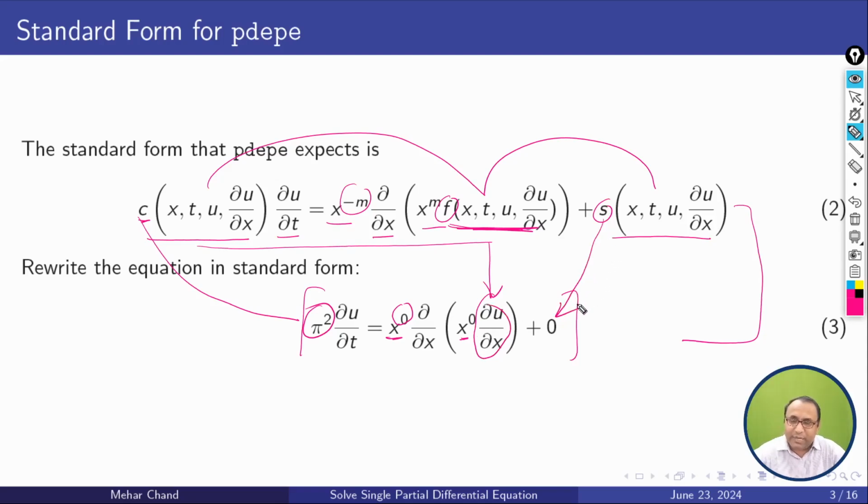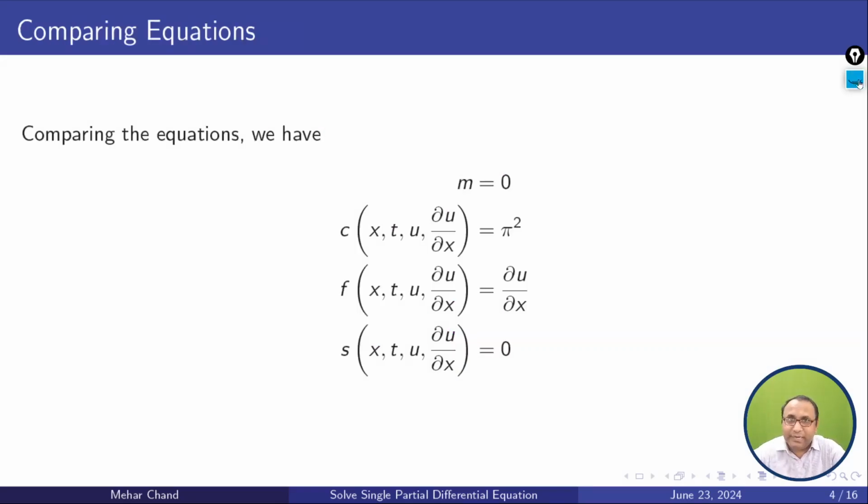So these are the values of the coefficients of the given partial differential equation. Again, the value of m is 0, c is pi squared, f is del u upon del x, and s is equal to 0.